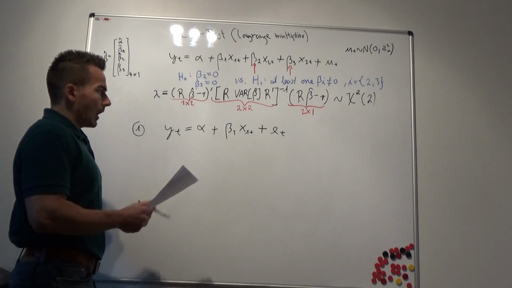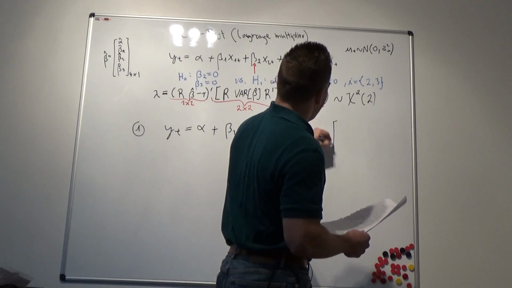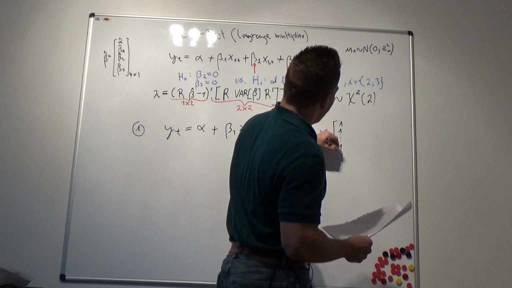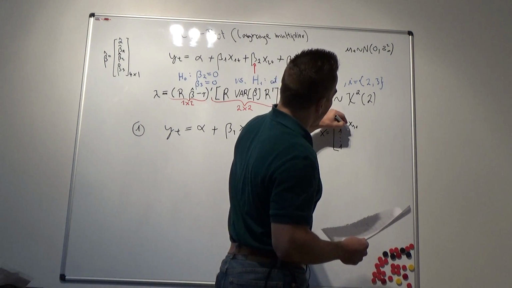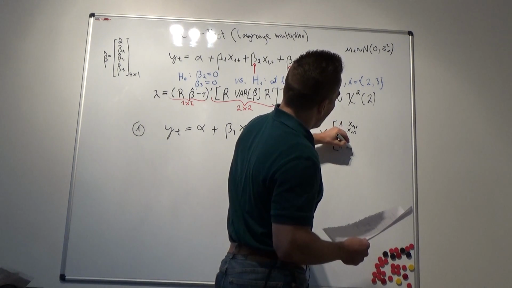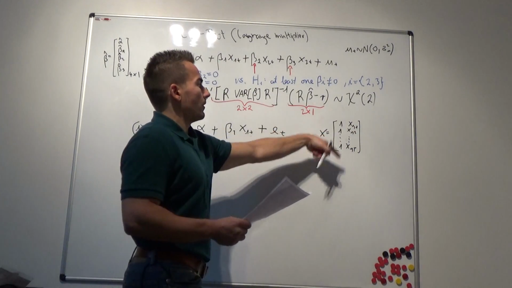So how does our X matrix look like? It's very simple. Our X matrix has a vector of 1s in the first column and the excess market factor x_11, x_12 until x_1T as the second regressor.